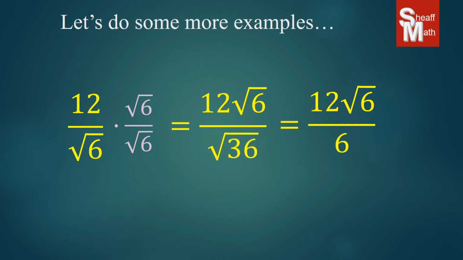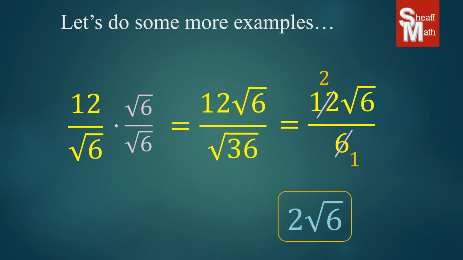But there's a little bit more simplifying. That 12 and the 6 can simplify to a 2 over 1, right? Because they both divide by 6. And so this simplifies to 2 radical 6, being your final answer. Okay, so just because you got rid of that square root at the bottom doesn't mean you're actually done simplifying.